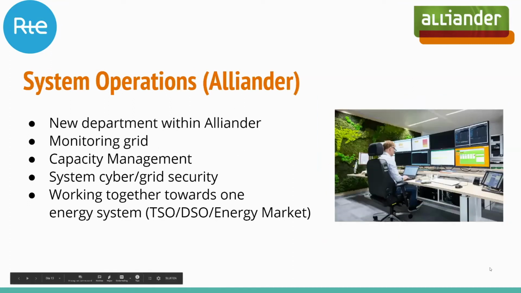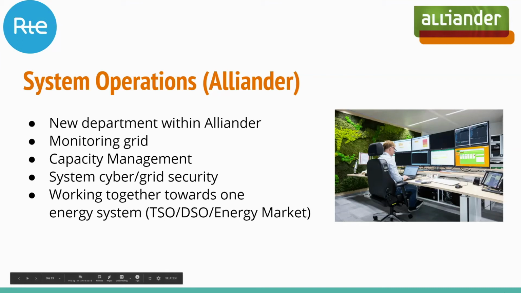Within Alliander, we have created a new department called System Operation. Basically, one of the important parts is capacity management, meaning that we don't have any overcapacity somewhere, so we don't run into issues. Of course, we can always run into issues, but we want to avoid those, or we want to see it coming, so we can act upon those issues at a very quick pace.